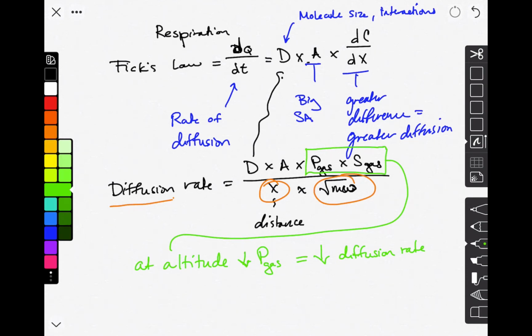Okay, now let's compare water animals versus land. And it turns out that oxygen has a low solubility. This means that in water, oxygen has a low diffusion rate.